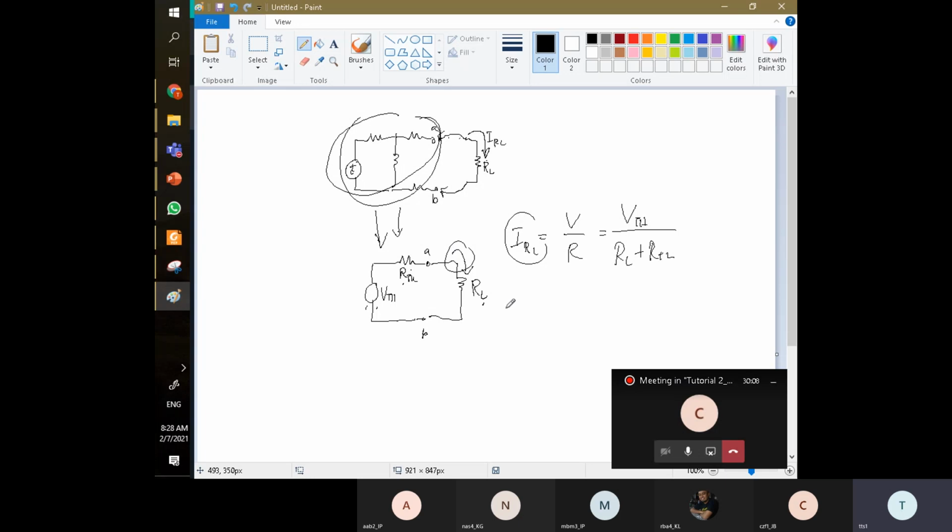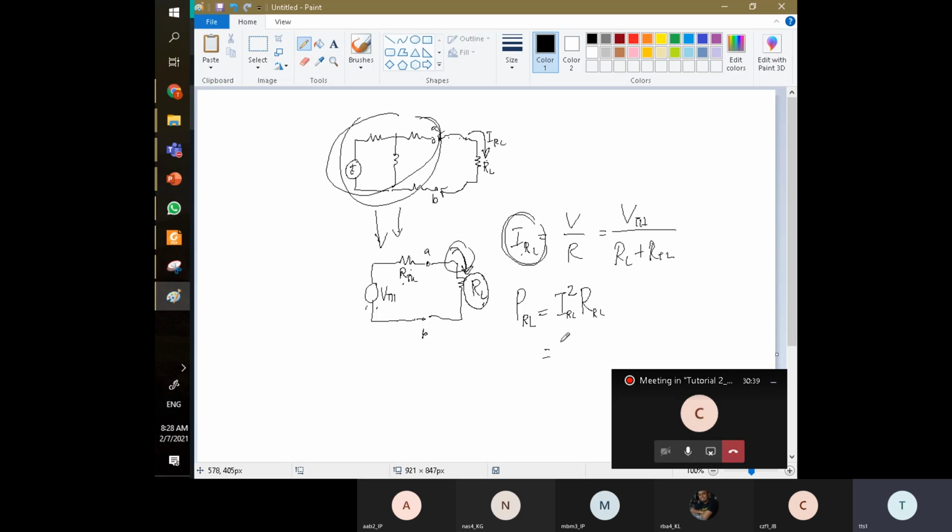And after you calculate the I, then you can calculate the power. The power flowing through the load here you can calculate using this equation, I squared R, where R is RL, of course. By knowing this I flowing through RL, we can calculate the power.